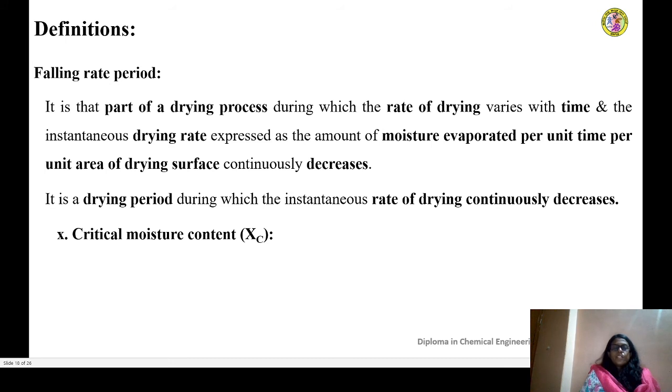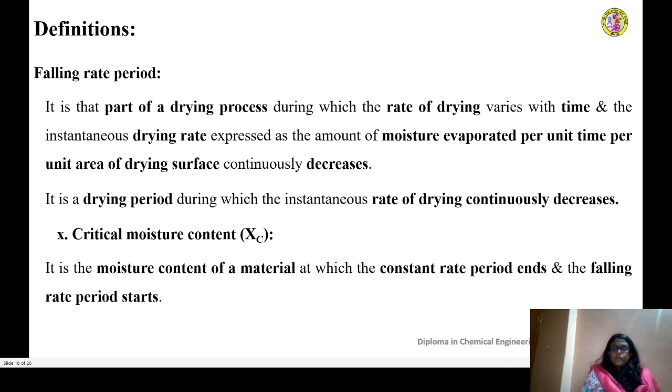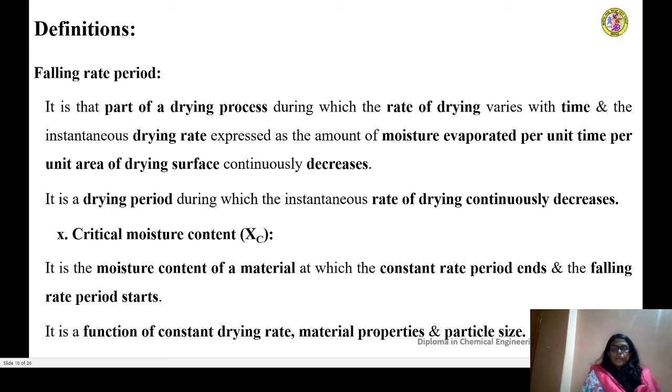So when the moisture content gets reduced to a certain extent at which the constant rate period ends and the falling rate period starts, that is known as critical moisture content. That critical moisture content is a function of constant drying rate as well as material properties and particle size.